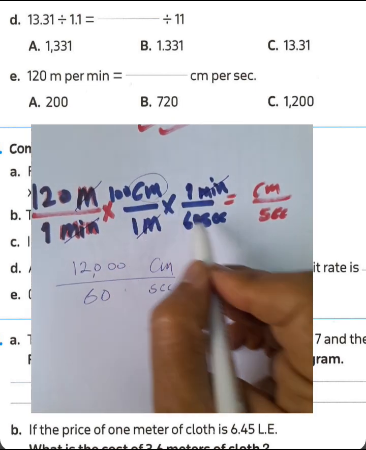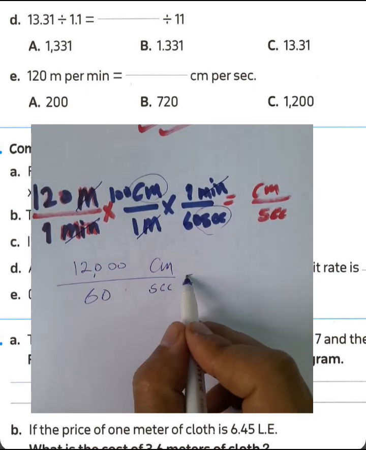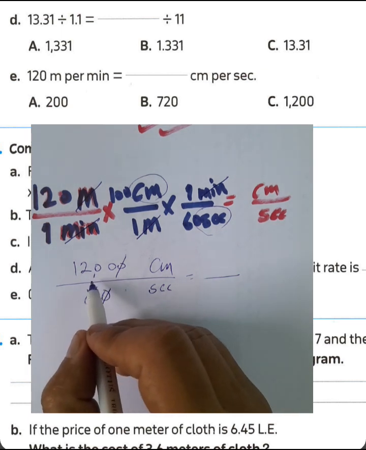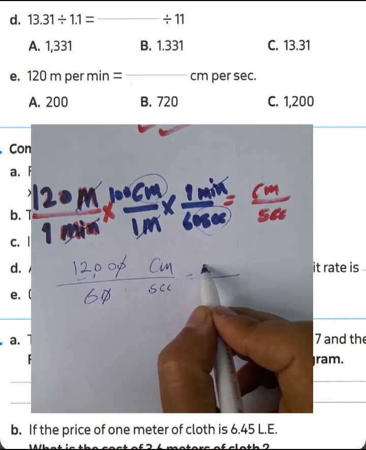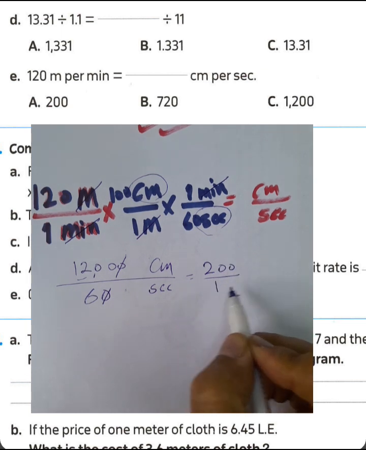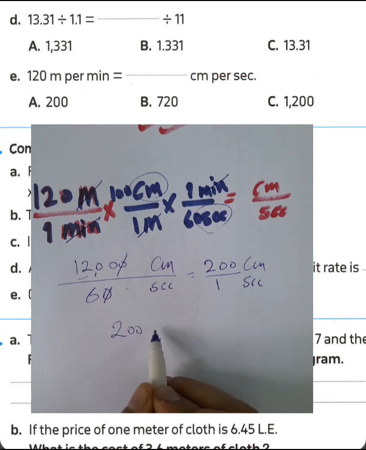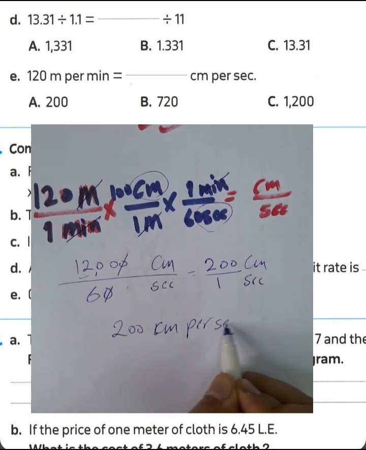Okay, and then you can simplify it. Cancel 0 by 0. We have 12 divided by 6 equals 2, write the double 0, and 6 divided by 6 equals 1. Then the result will be 200 centimeters per second.